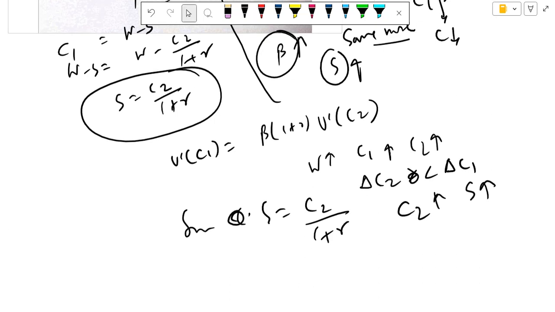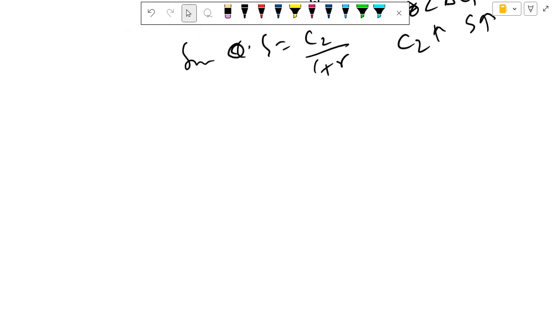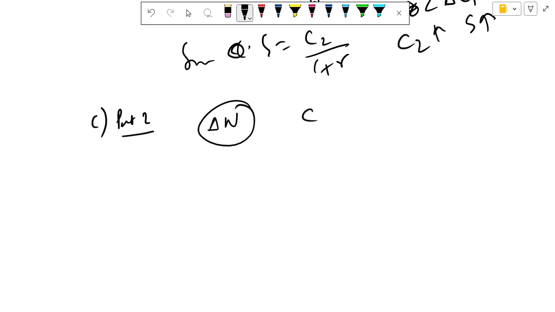To show this increase in s is less than the increase in w, we consider the following. This is part C, part 2. So if w increases, for example, by del w, the individual might choose to increase c1 by del w as well, so there is no change in s. So c2 would remain unchanged.